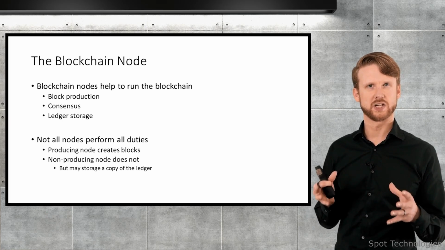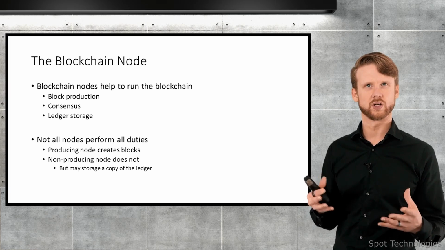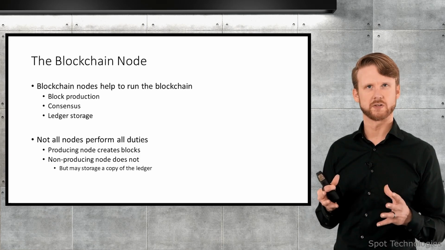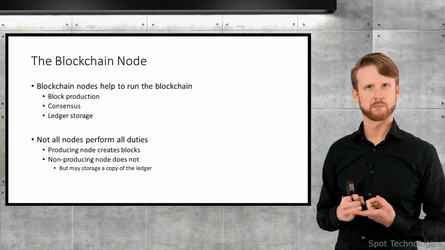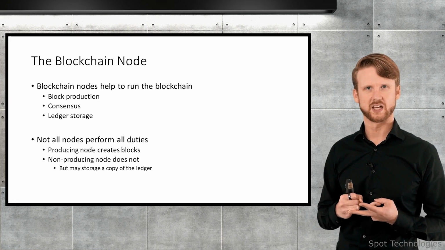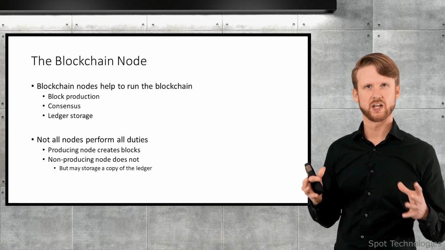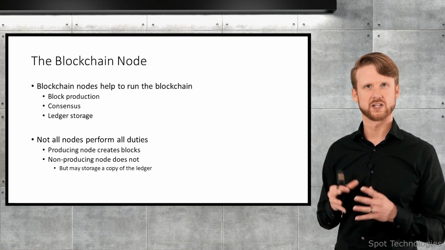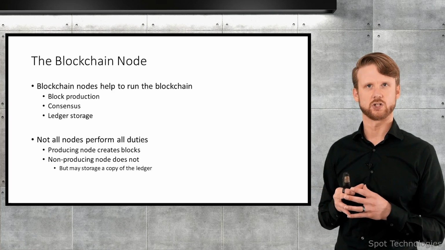And so the blockchain node is a name for a computer that's helping to support and run the blockchain. And a blockchain node can have multiple different roles that it fulfills within the blockchain. This includes block production, so creating blocks. Part of this is participating in the consensus algorithm, which helps select the block producer and ensure that the blockchain network all agrees on what transactions are included in each block and what the current state of the digital ledger is.